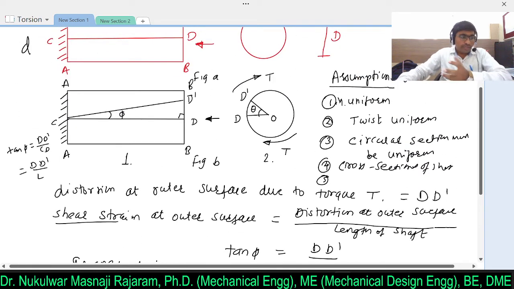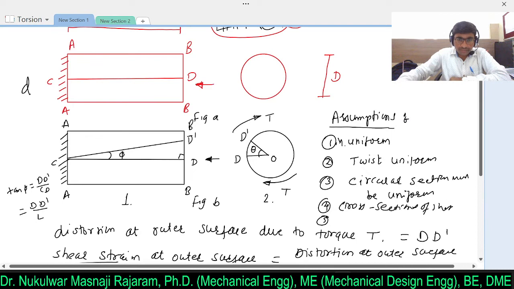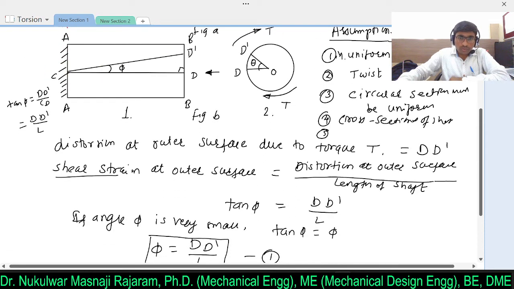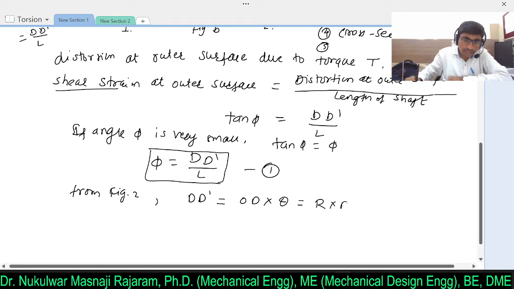Now we have to write, or we can observe this triangle. Clear? So if you consider the arc d dash, and here theta is there, so if I want to evaluate from this figure, I am writing from figure 2, I can write arc value of d dash will be equal to OD into theta, and OD is nothing but R, so R into theta.